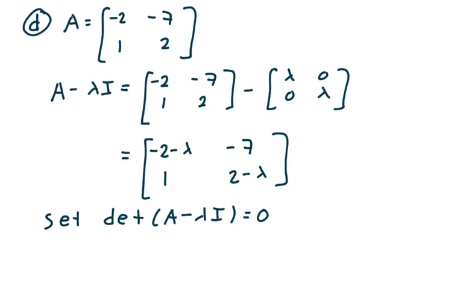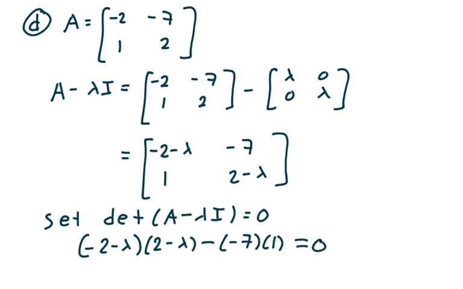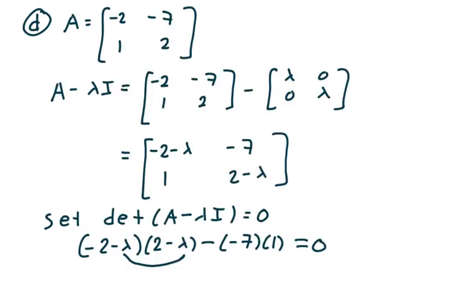And so from here, we get -2 minus lambda times 2 minus lambda minus -7 times 1 equals 0. Right there. And so I'm going to take lambda squared plus 2 lambda, right? That is -2 times negative lambda.